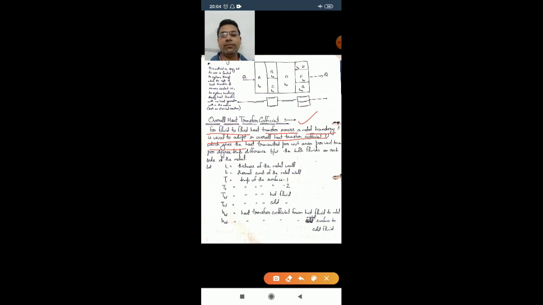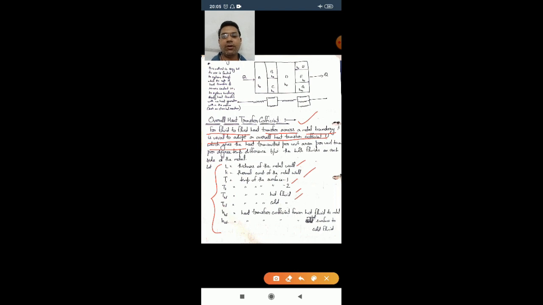So these are some nomenclature referred to in the next diagram. L is the thickness of the metal wall, K the thermal conductivity of the metal wall. T1, T2 are the temperatures.